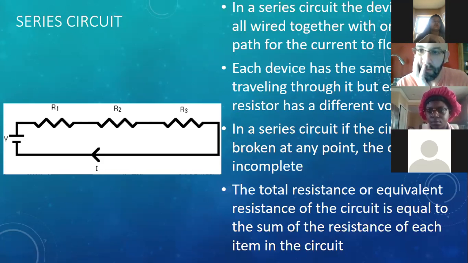Then how come it still works when some of them are out? What they do nowadays is they will wire, let's say it's blue, green, and red, maybe all the blues on one series, all the greens on a series, and all the reds on a series. So if the blue bulbs go out, the green and reds will still work.